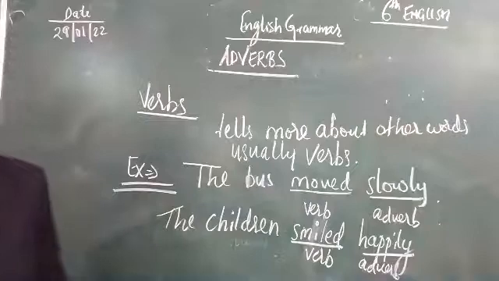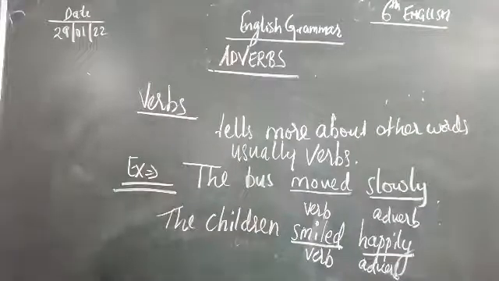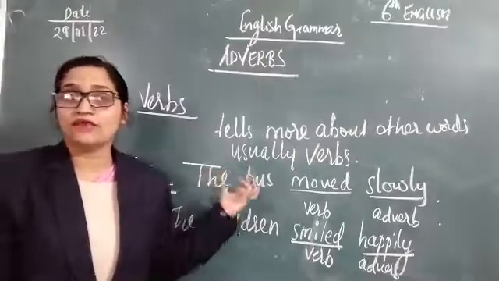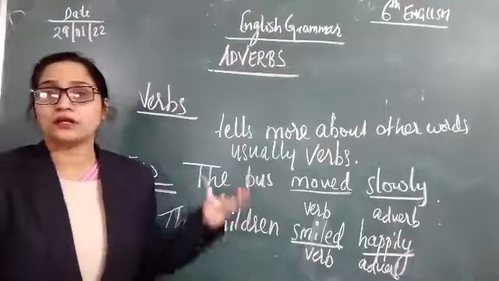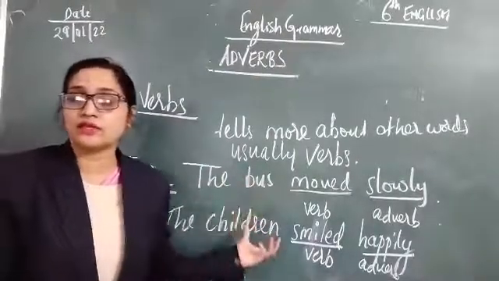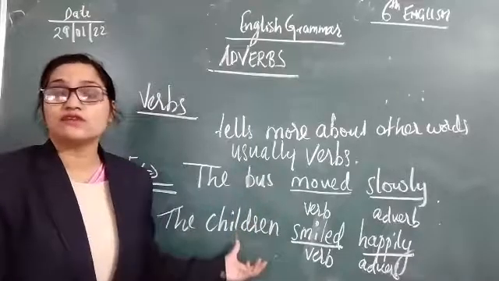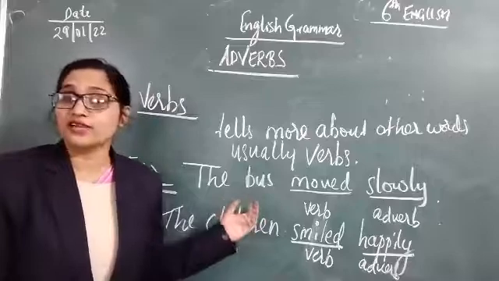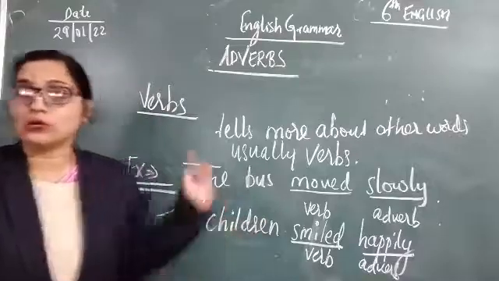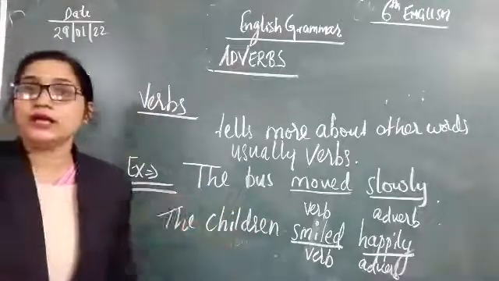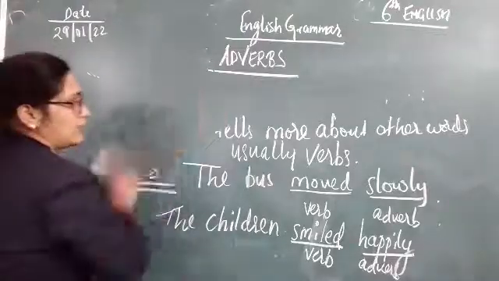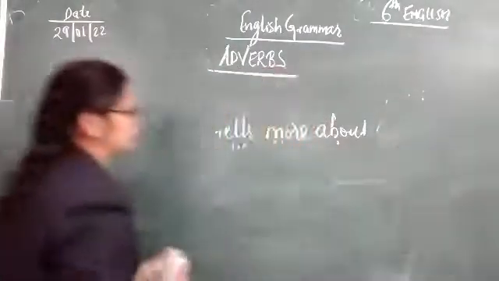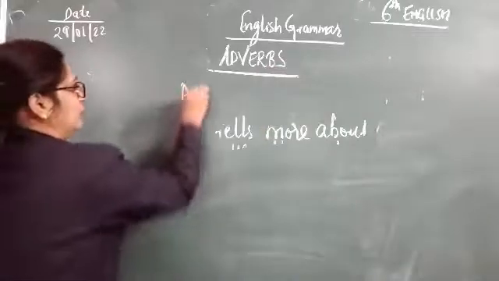Now let us continue with the next one, that is adjective. In our definition, we have said that adverbs are the words that give more information about verbs, adjectives or another adverb. So verbs we have done. Now the next one is adjective.